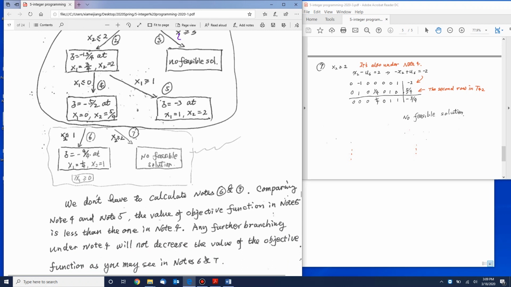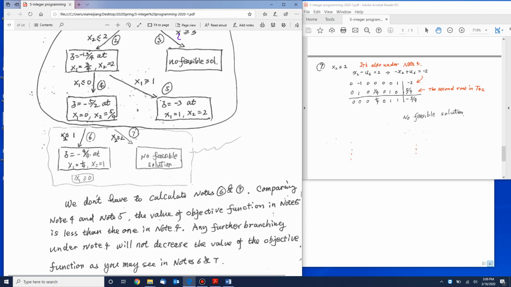Comparing node 4 and node 5, the value of the objective function in node 5 is less than the one in node 4. Any further branching on the node 4 will not decrease the value of the objective function, as you may see in the node 6 and 7. So in this way, the optimal solution is on the node 5.